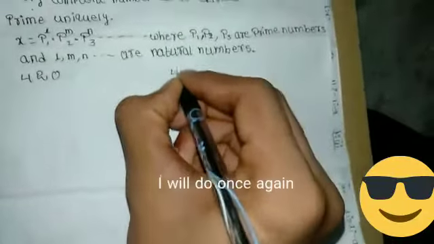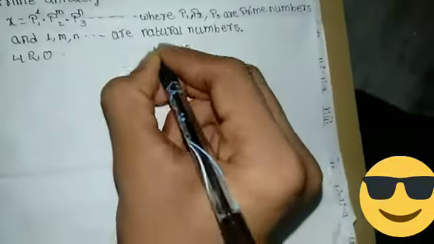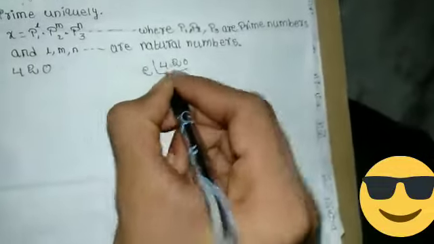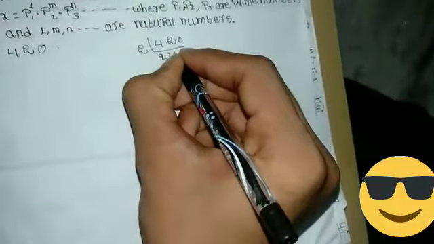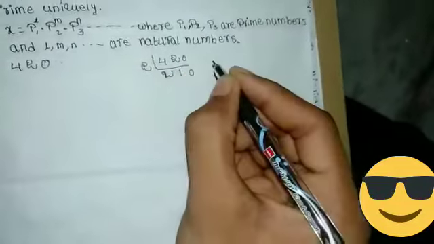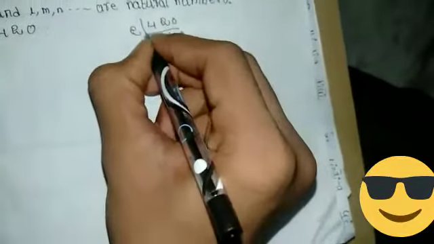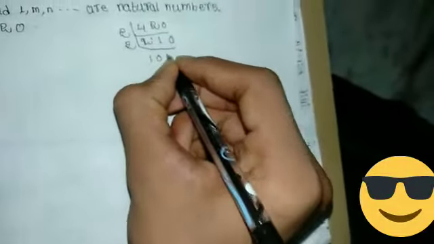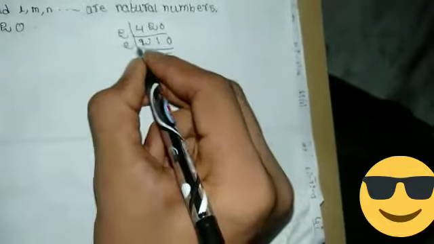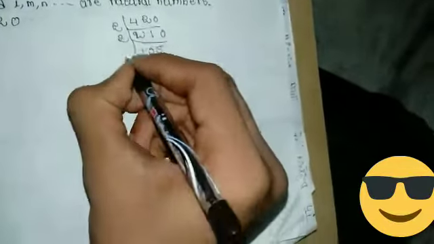420 can be written using the LCM form: 2 into 210, and 2, 3.